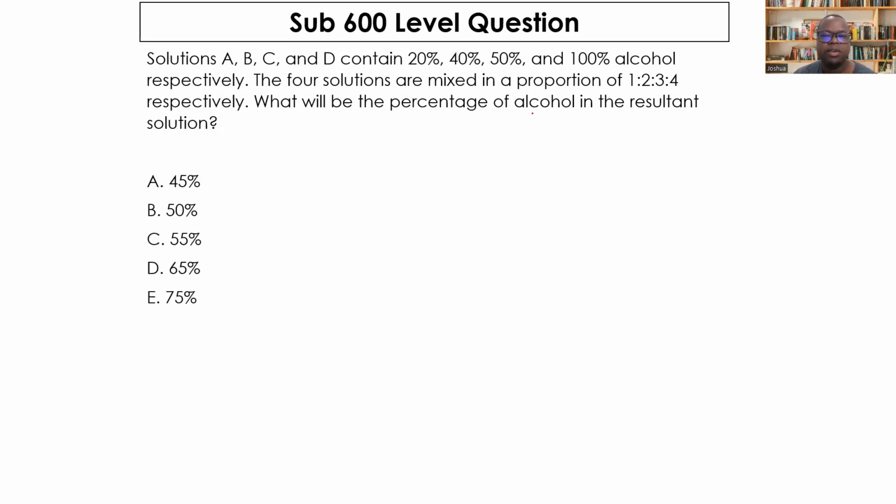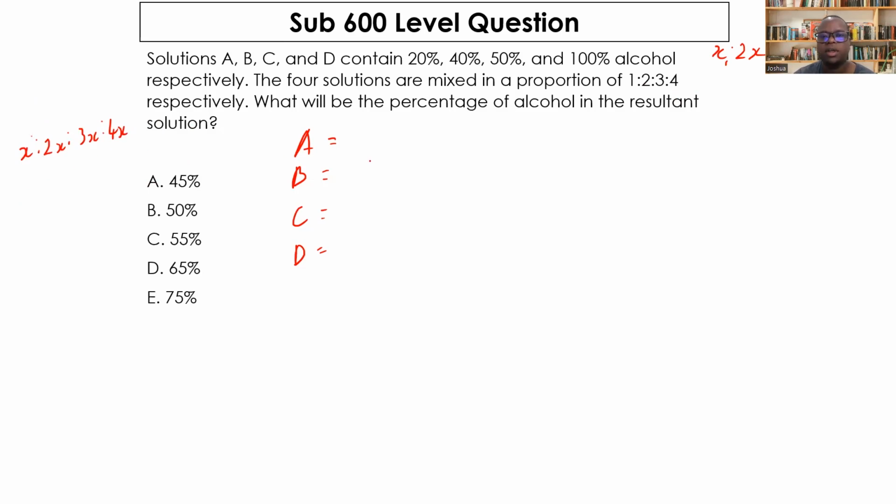How do you approach this? We have the ratio of A, B, C, and D. If you convert them to fractions, you can have them in the form of x to 2x to 3x to 4x.